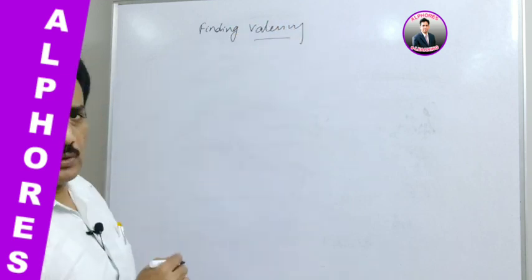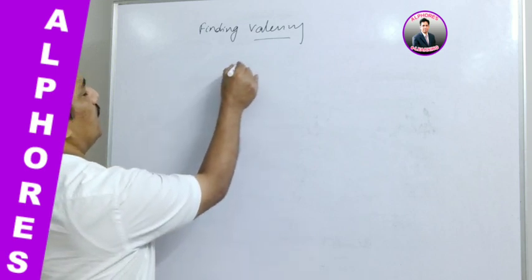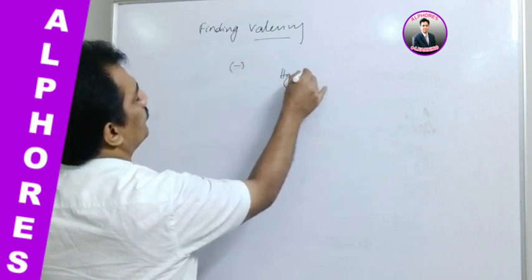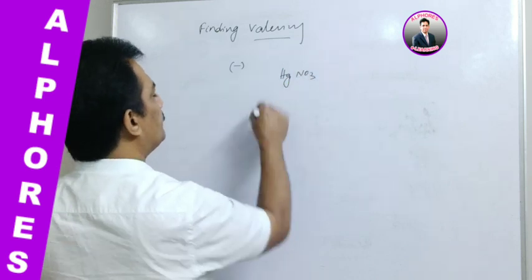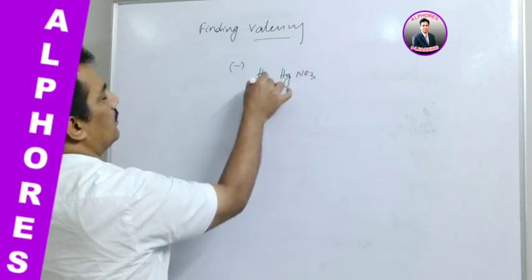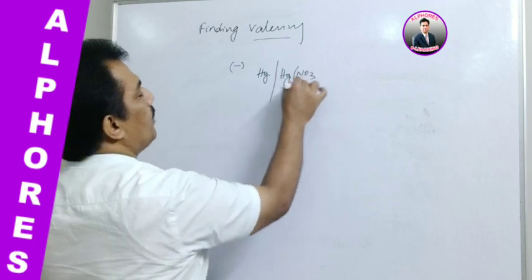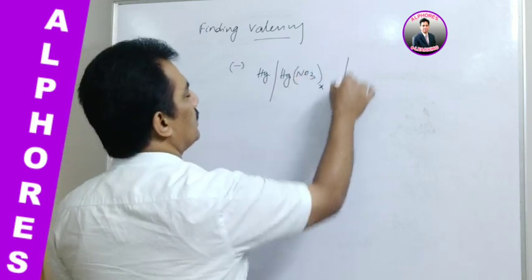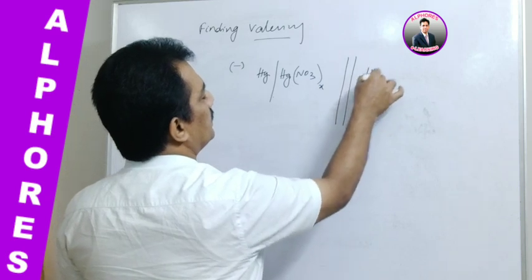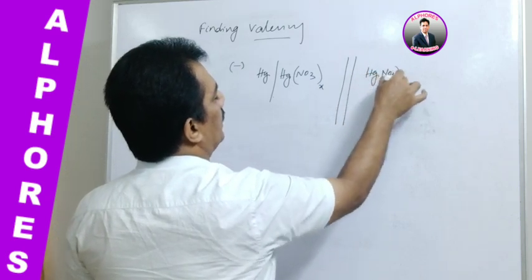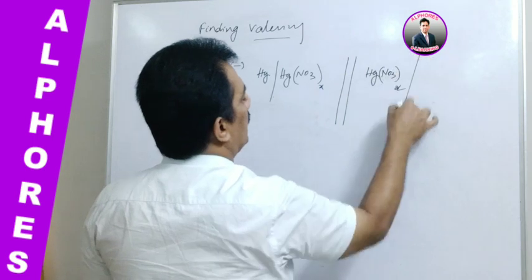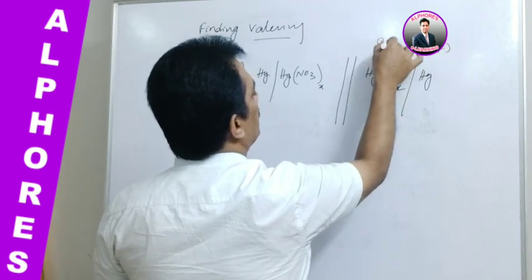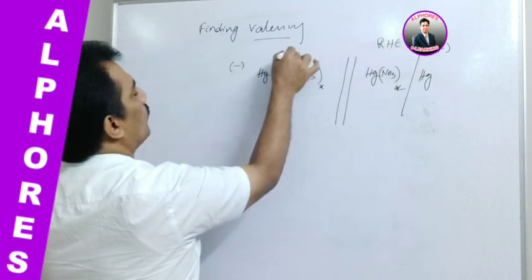For that purpose also, let us consider one cell. Say for example, Hg metal with HgNO3 of concentration X on this side, and similarly on this side also HgNO3 of concentration X and Hg. It is the cathode, it is RHE and it is OHE.